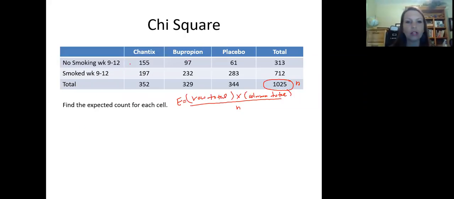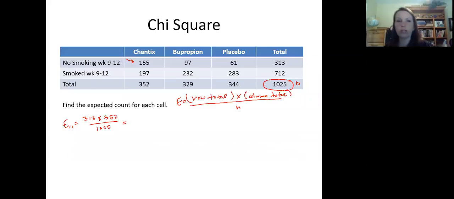Starting with this first cell, the Chantix users that were able to stop smoking, my expected count is the row total, which is 313, times the column total, which is 352. So I have 313 times 352 divided by 1025, which is n, my overall table total.